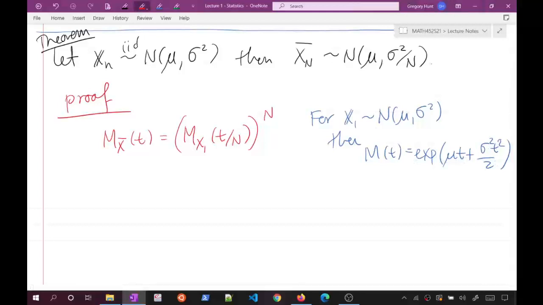So that's the MGF of normal. We derived that in 451. Plug that in here. What do I get?